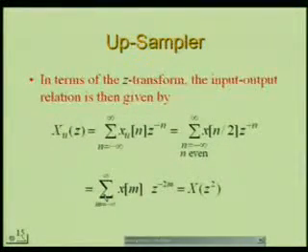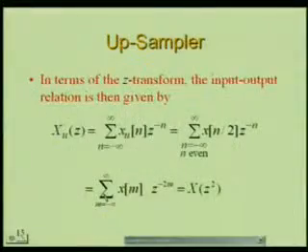From the basic definition itself, I can write X_u(z) is equal to the sum from n minus infinity to plus infinity of x_u[n] z to power minus n, that is equal to, for even n, x[n divided by 2] z to power minus n, that is equal to, say, x[m] z to power minus 2m, that is equal to X(z to power 2).